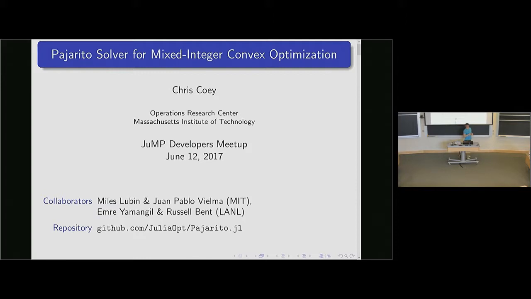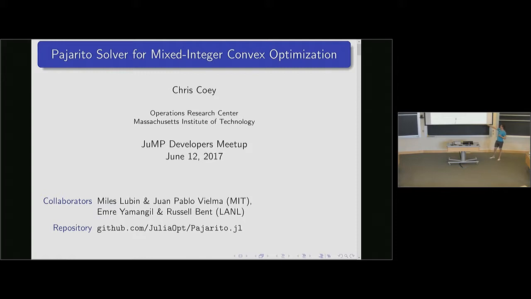Okay, so I'm going to be talking about Pajarito Solver. Pajarito is a solver for mixed integer convex optimization, which I'll define. Originally Pajarito was written by Emery and Miles and Russell Bent at Los Alamos, and it's named after a mountain in Los Alamos.